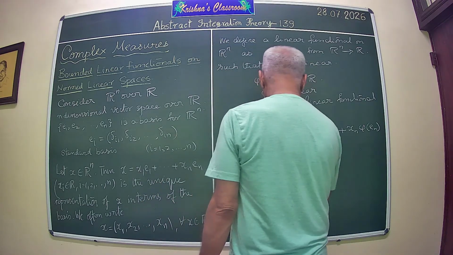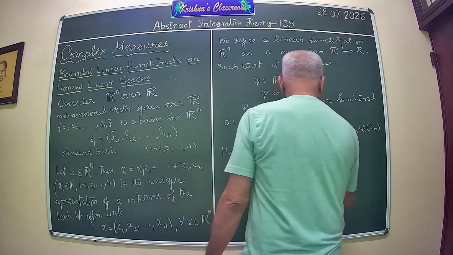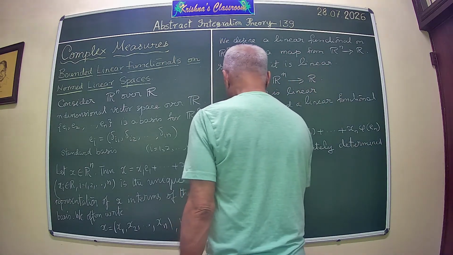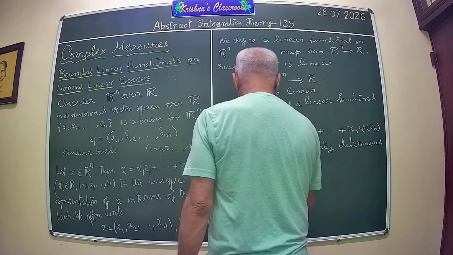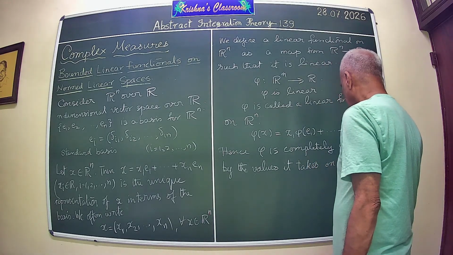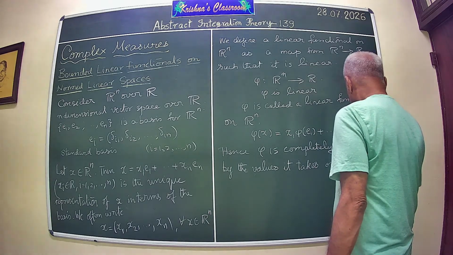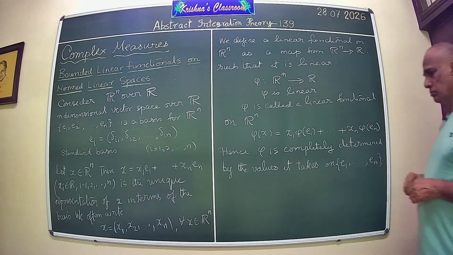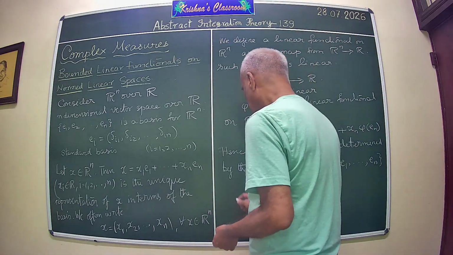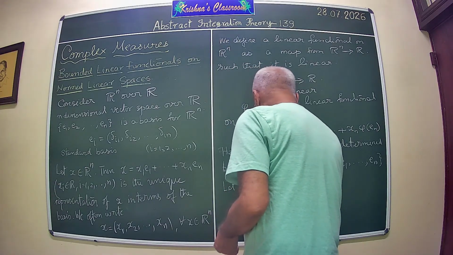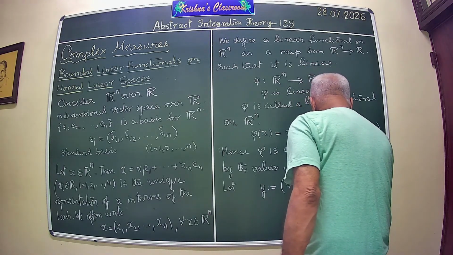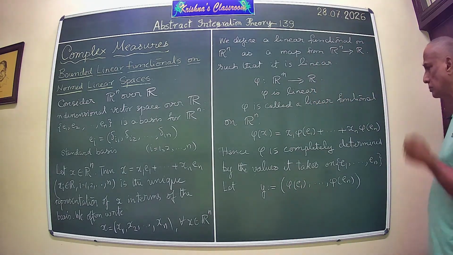Therefore, phi is completely determined by the values it takes on E1, E2, etc. Okay, so let us write y to designate the n-tuple (phi e1, ..., phi en).